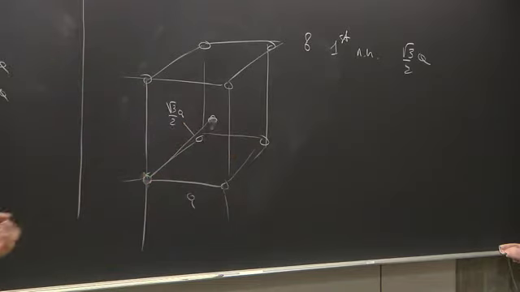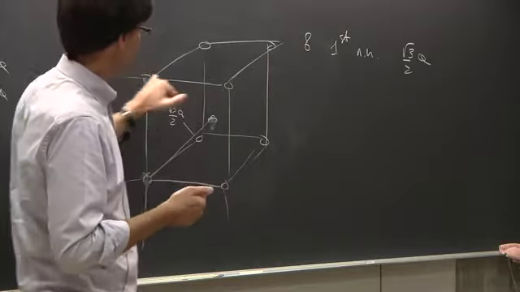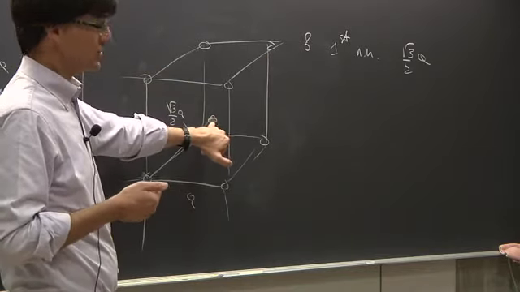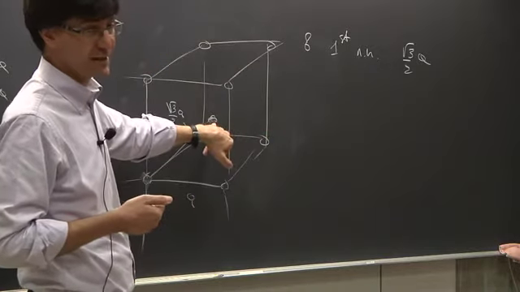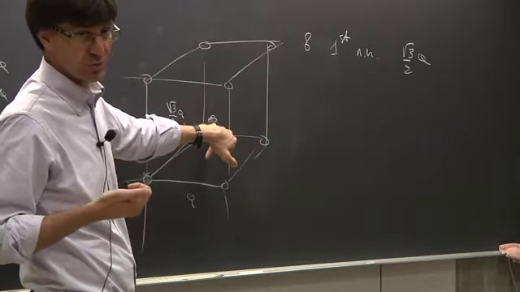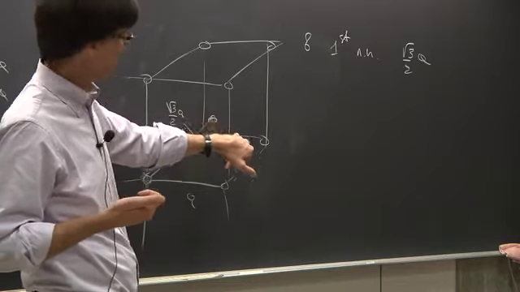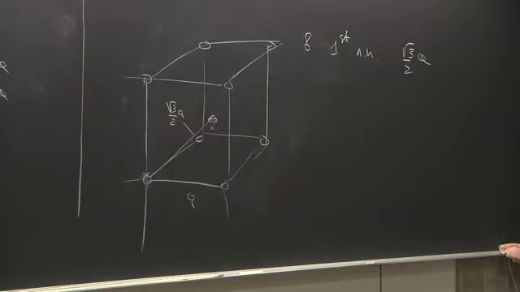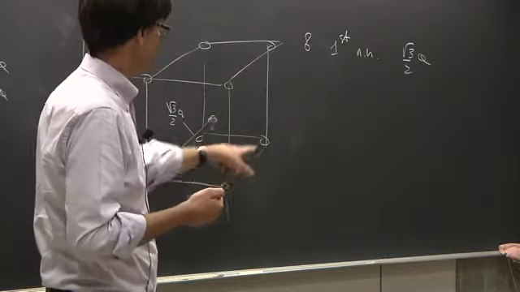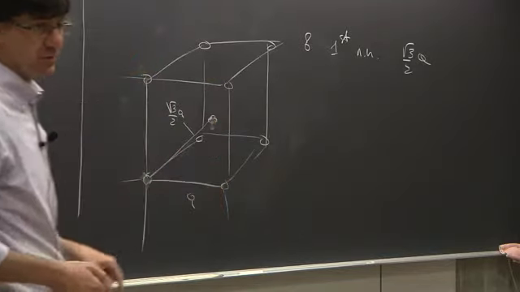Another way to say this is that BCC can be seen as 2 simple cubic lattices that are interpenetrating, right? So you have one simple cubic lattice, you have another one which starts from here and is formed by all the points that are at the centers of the cubes. They also form a simple cubic lattice, right? So whether I sit here or I sit here, I see around myself exactly the same environment. I see 8 points, and these are the 8 points that lie at the corners of this cube, if I sit at the center, of course.